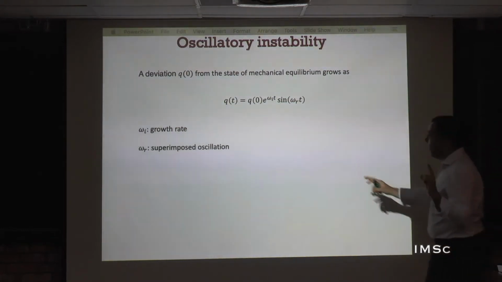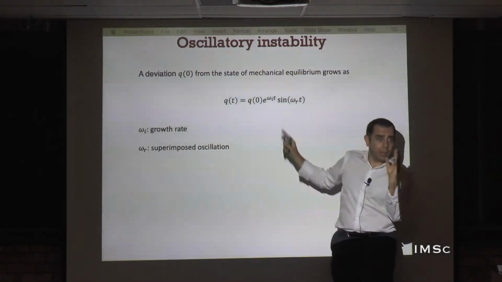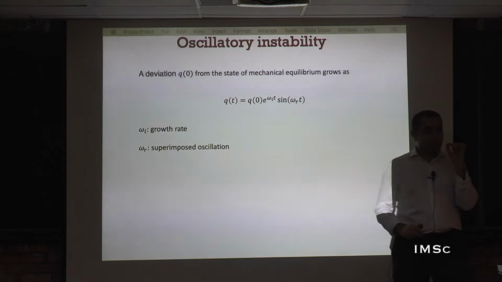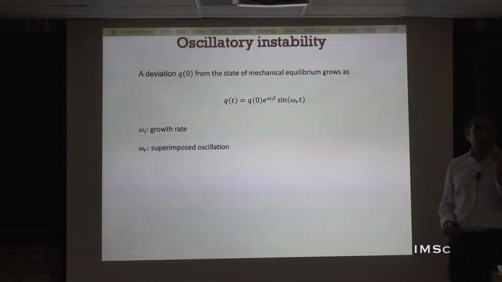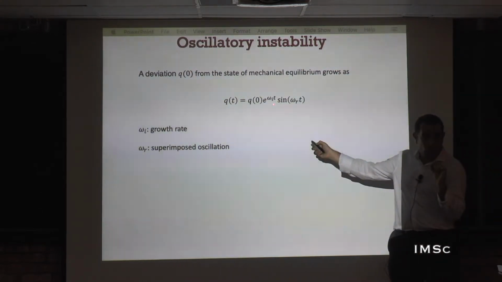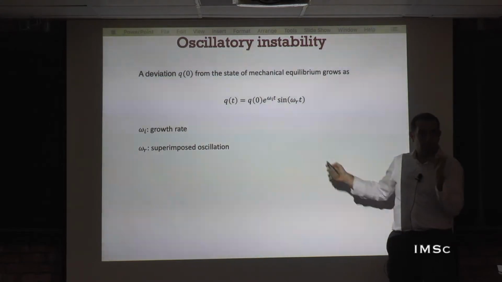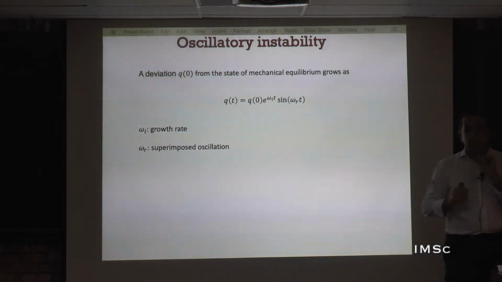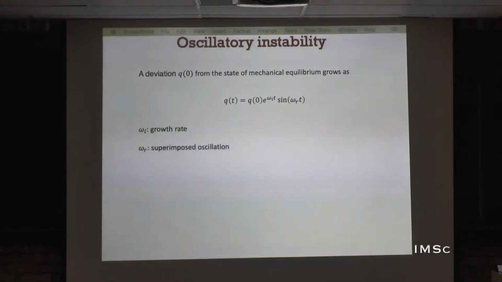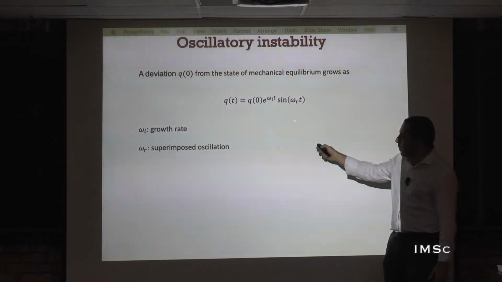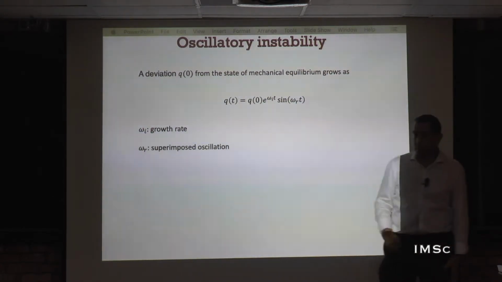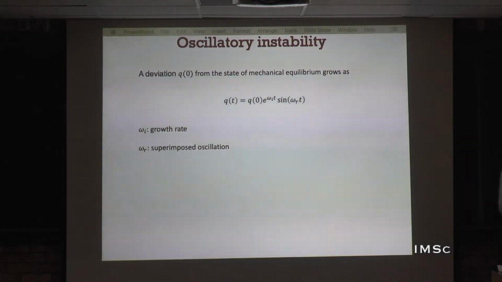So if you have an omega I which is positive, you also have an omega I that's negative. So as long as you have a complex eigenvalue, you know that you will have a growing perturbation, with omega I positive here. So the system is going to be unstable. But the perturbation has this unusual feature: it is growing while oscillating, and omega I, the imaginary component, is setting the growth rate, whereas omega R is setting the frequency of oscillation.